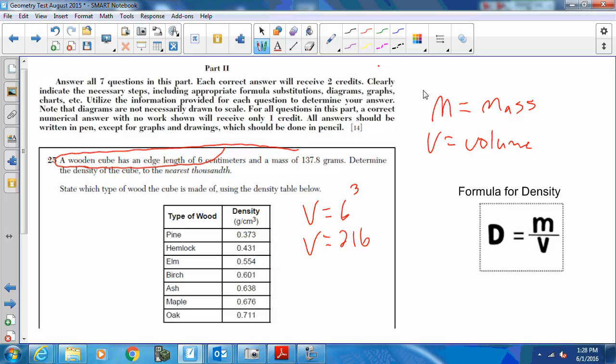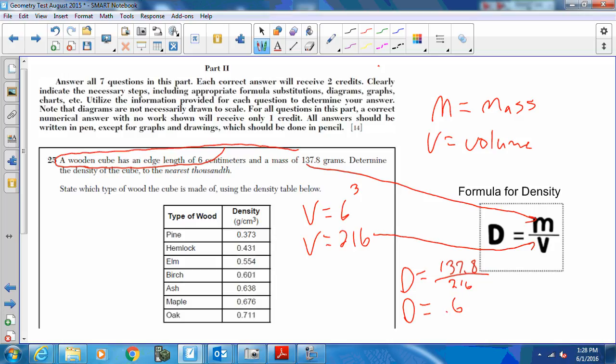So to find density, now we're going to plug this in for V. We're going to plug in our 137.8 for M. So we're going to get D is equal to 137.8 divided by 216. Your D ends up being your density, 0.6379.